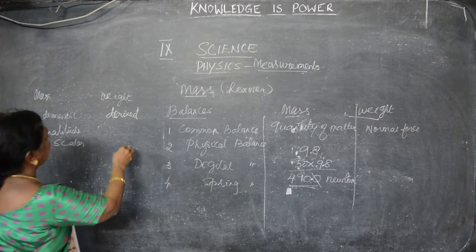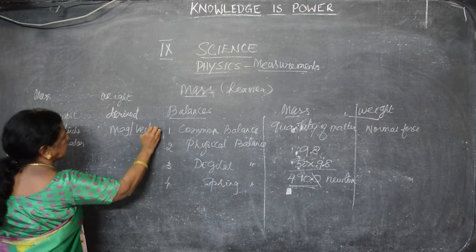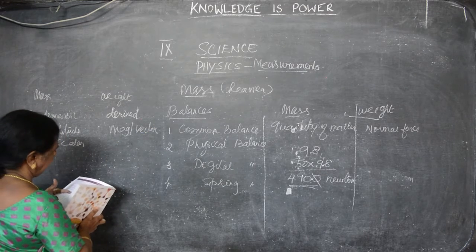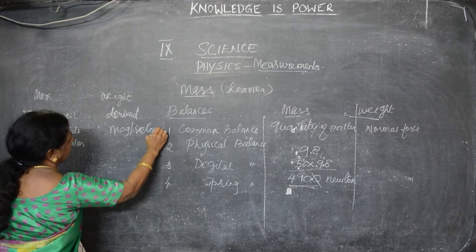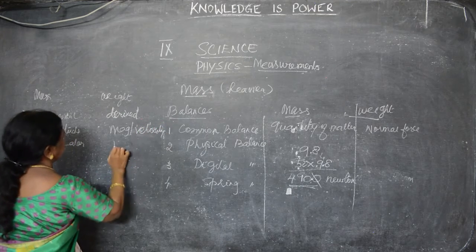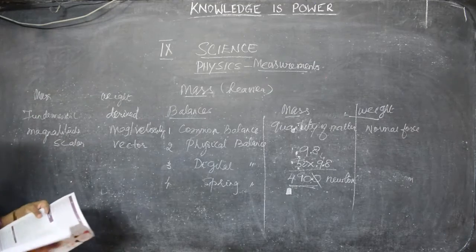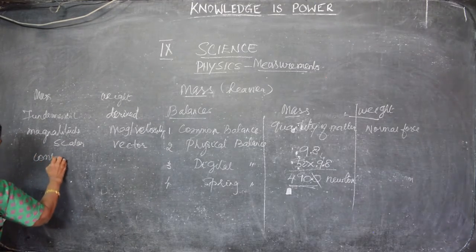Weight has magnitude and direction also. So it has magnitude and direction. It is the vector quantity. Mass is the amount of matter contained in a body.